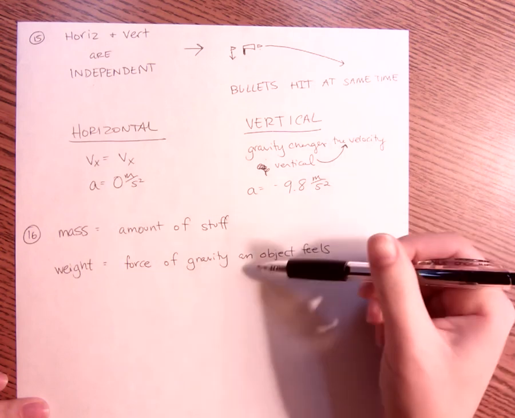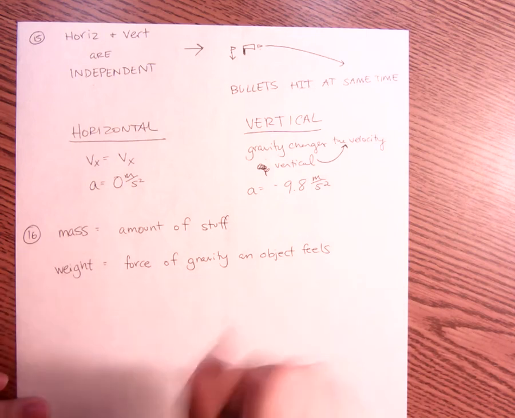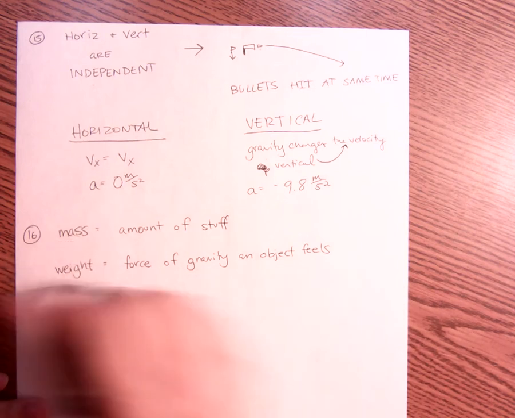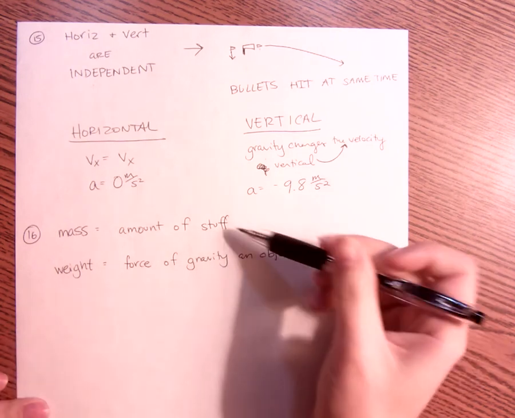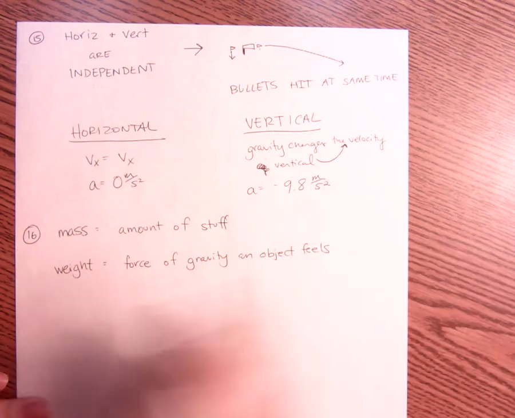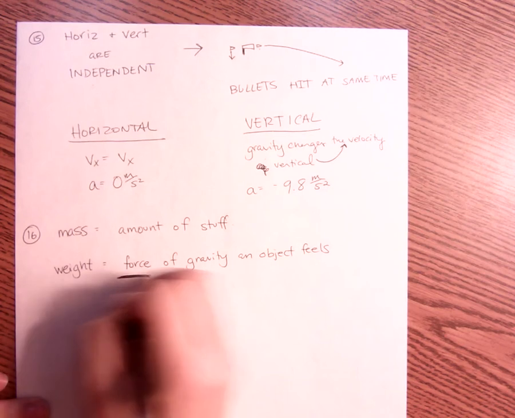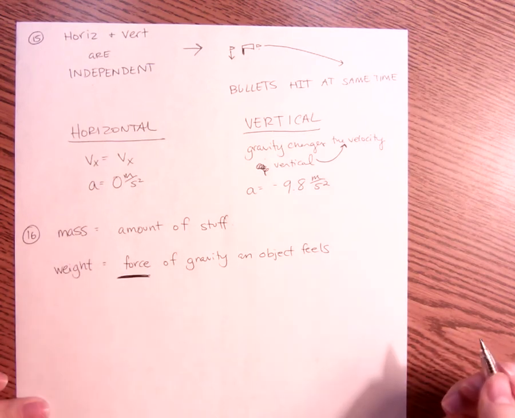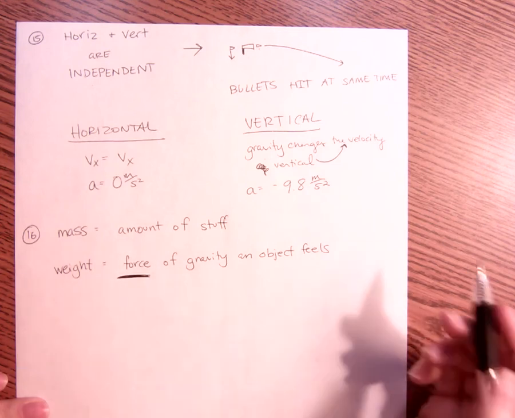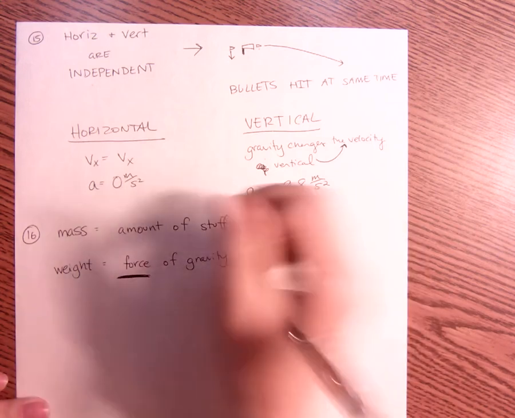All of our experience of mass has to do with weight, right? If you want to know how massive something is, you got to kind of figure out how much does it weigh. But these are really different ideas. Weight is going to be a force, right? And it depends on you being on a planet or a moon or something like that. Mass is independent of location. So let me write that.